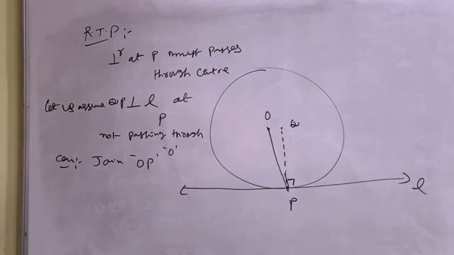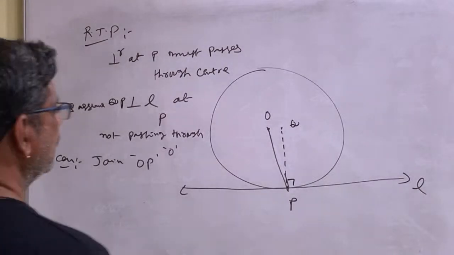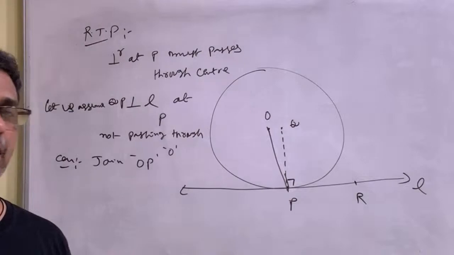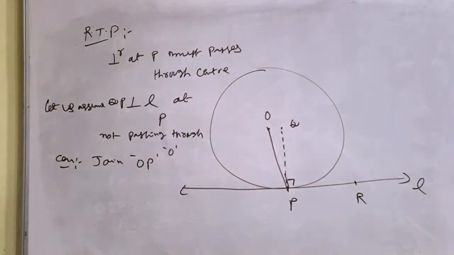Radius. I think everyone knows the relation between radius and tangent at their point of contact. What is the relation between radius and tangent at their point of contact? I am considering one more point on line L. Let it be R.